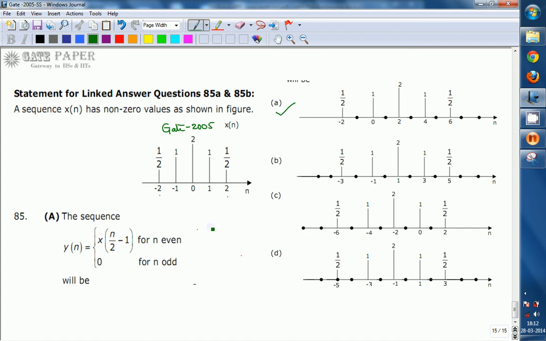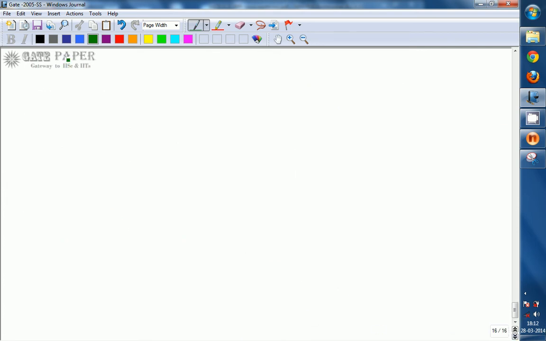So here given x of n equals to 1 by 2, 1, 2, 1 and 1 by 2.